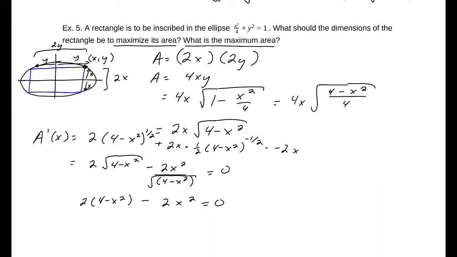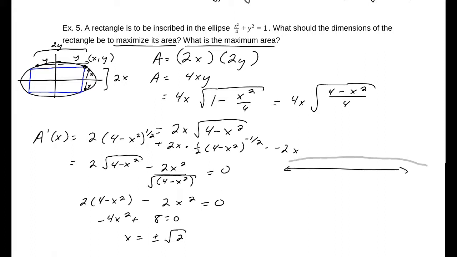Alright, and we can group that together to be negative 4x squared plus 8 equals 0, meaning x equals plus or minus the square root of 2. There we go. Alright, now let's look at a sign diagram for this.